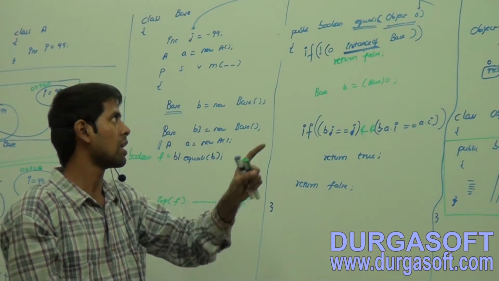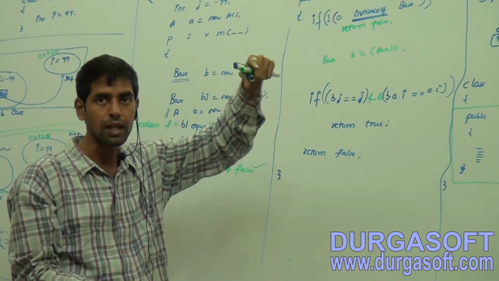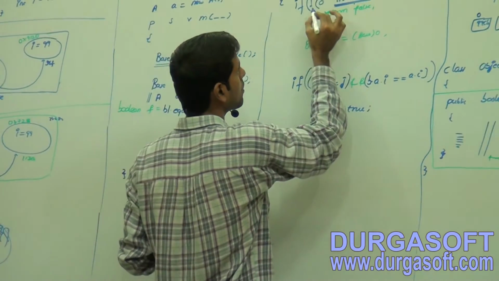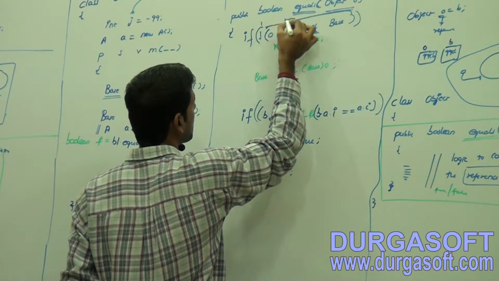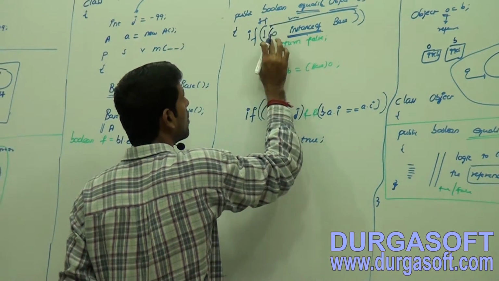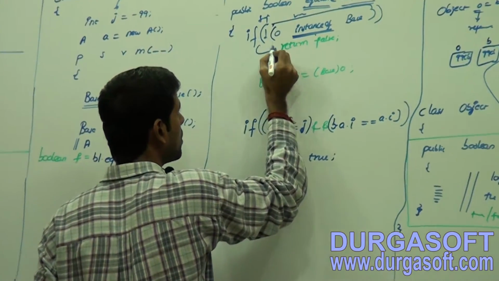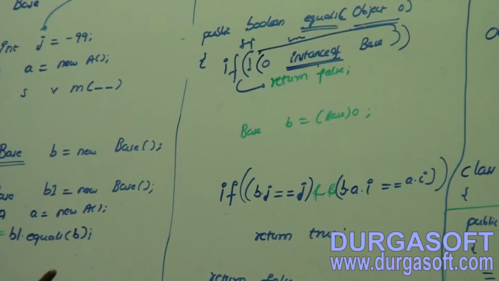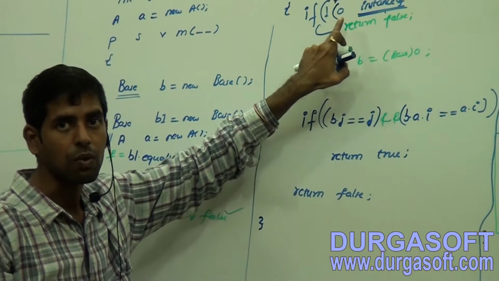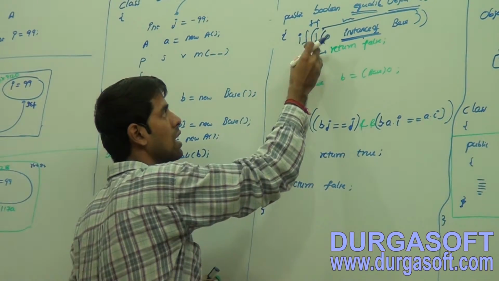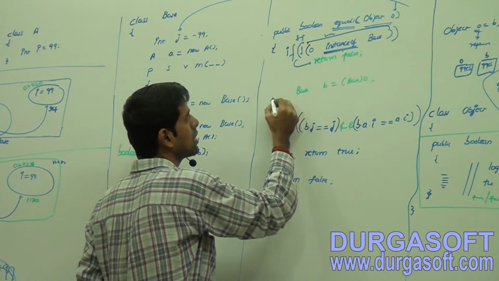The underlying object referred to by o is Base type. So this entire thing will return true, and applying complement, true becomes false. Now the control will not come into the body of the if statement. It will go out of this if statement and execute this part.